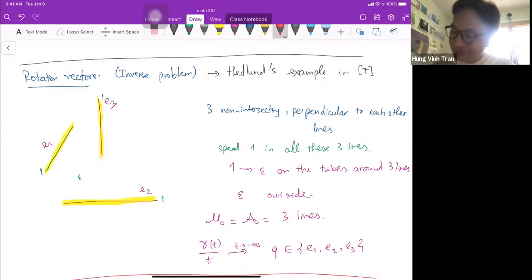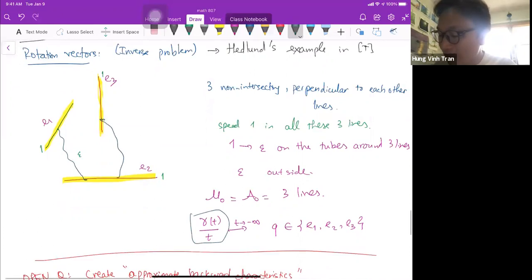You go in E1, for example, for quite some amount of time, and you pay a little bit of the price to jump from E1 to E2, and then go in E2 for some amount of time, whatever you like, and you can hop back and forth. The action of going back and forth is very expensive, because the velocity is very slow there. But this is talking about going for an infinite amount of time, so I can afford to pay a bit of the price to do that.